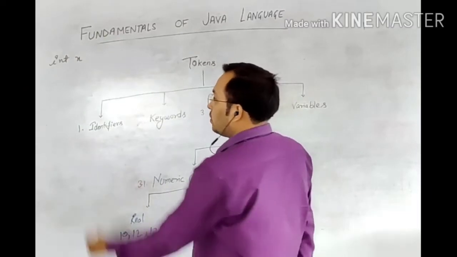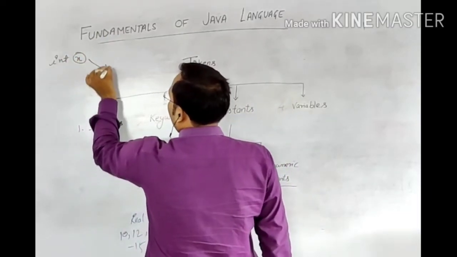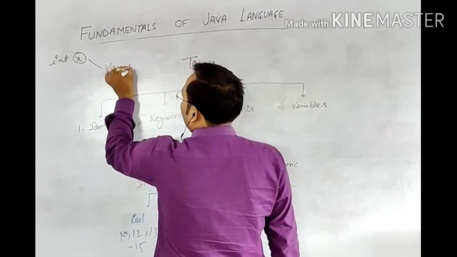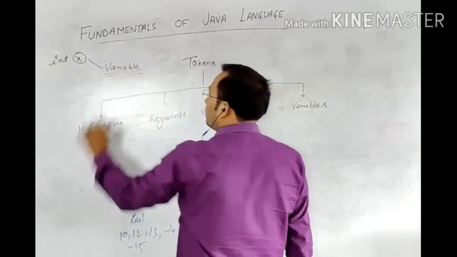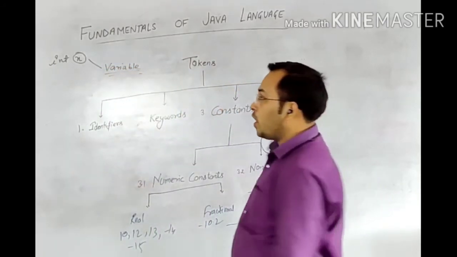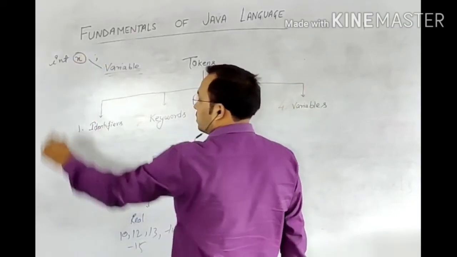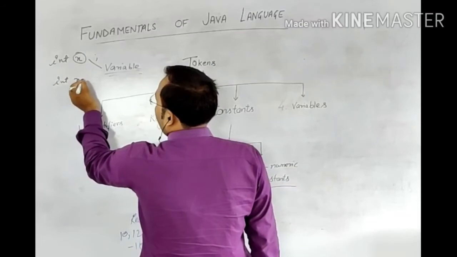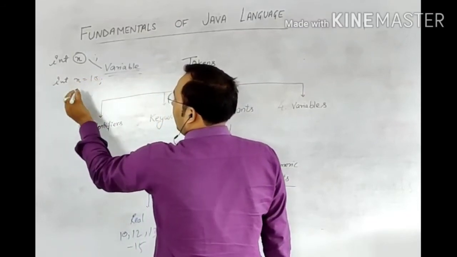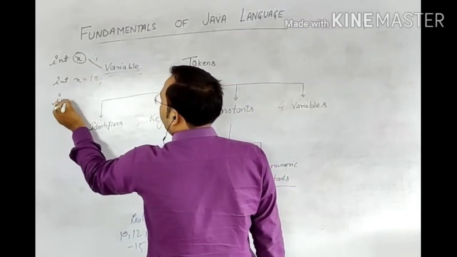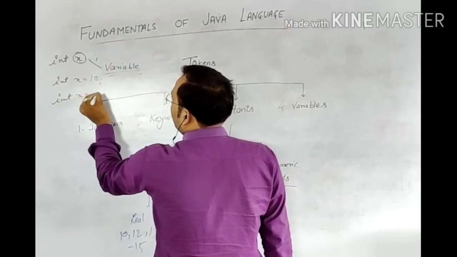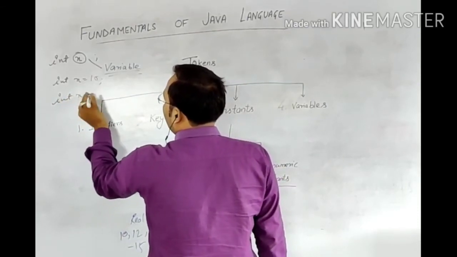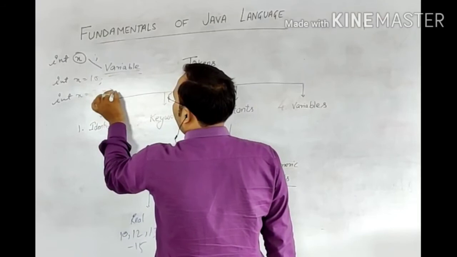Now x is a variable here, and a variable can vary from time to time because its value is not fixed. Suppose you have written int x equals 10 and in the next statement you have written x equals x into x.